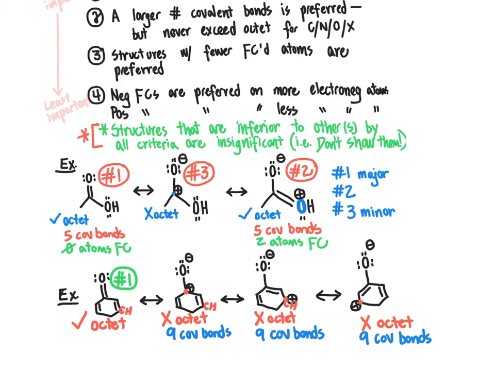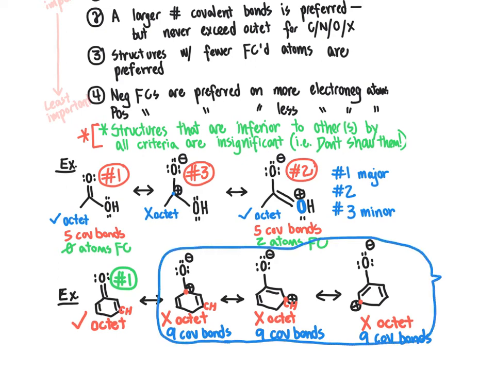Negative formal charges are preferred on the more electronegative atom. Positive formal charges on the less electronegative atom. We look at these structures. In all cases, they have a negative charge on the oxygen, positive charge on the carbon. And so for that purpose, we can say that these 3 are all approximately equal contributors.